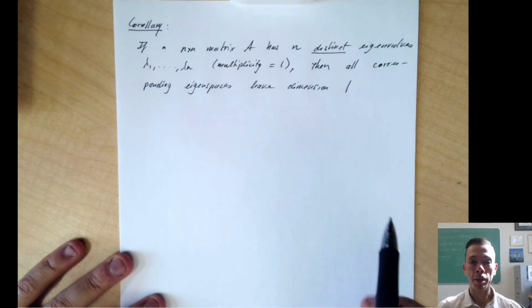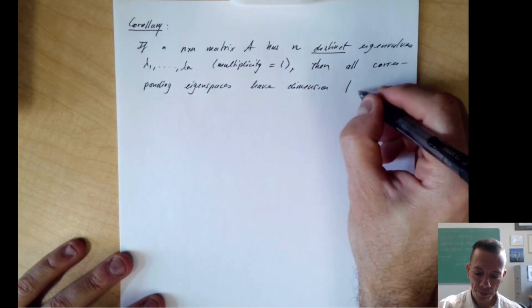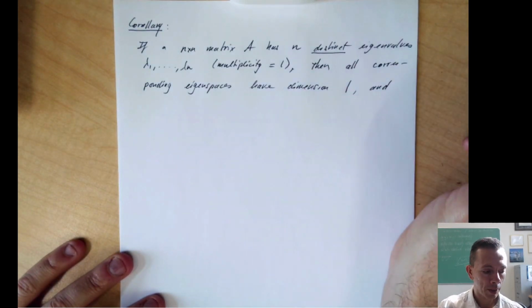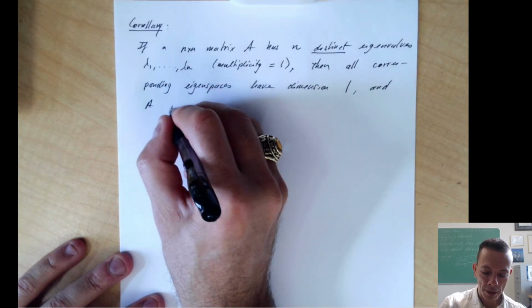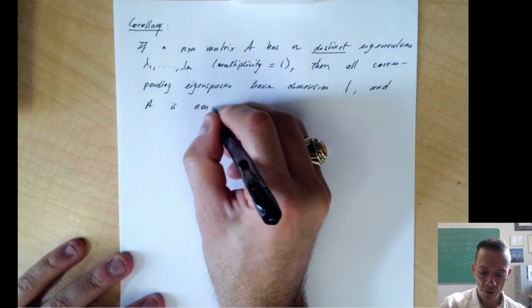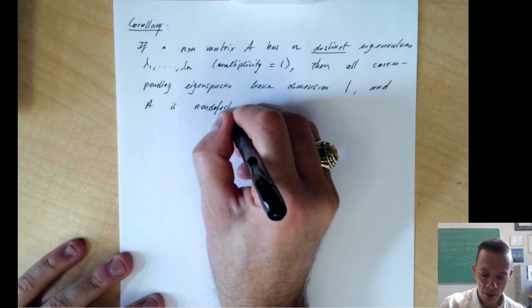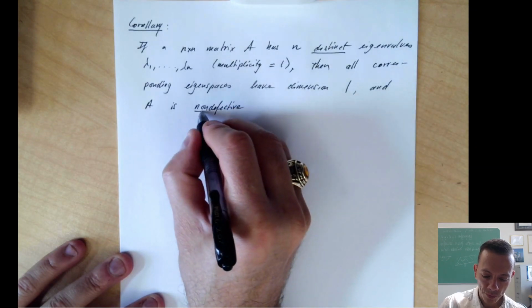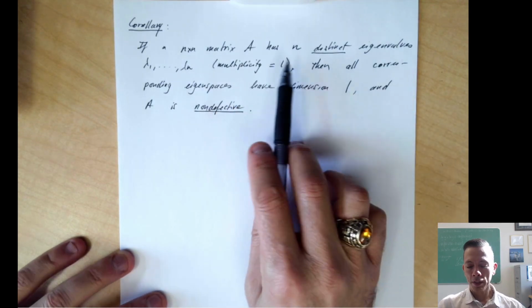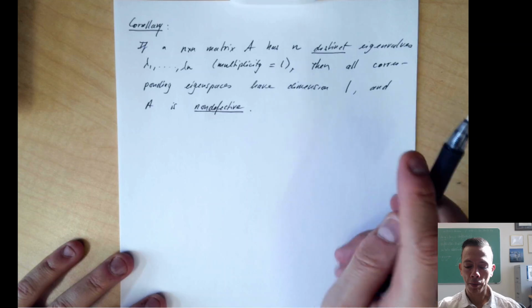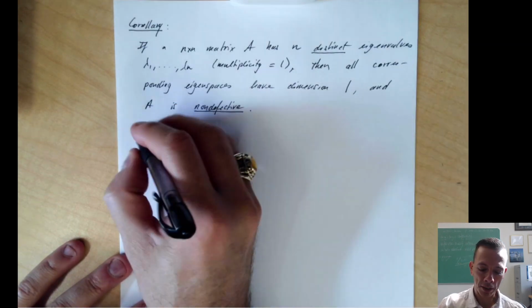Because 1 is the minimum, and A is therefore non-defective. So if all eigenvalues have multiplicity 1, the matrix is necessarily non-defective.